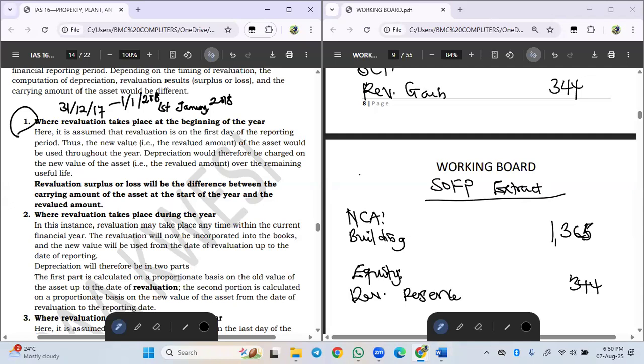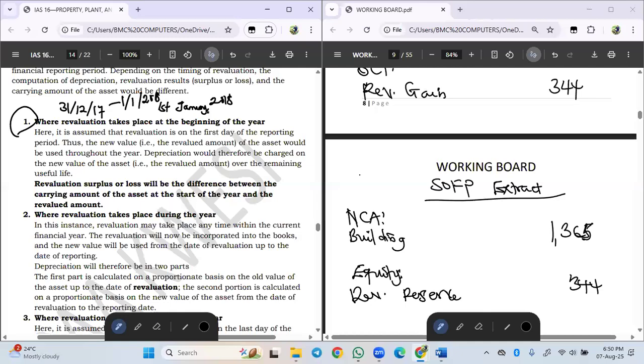Okay. So where the revaluation takes place at the beginning of the year, you are saying that it is assumed that the revaluation is on the first day of the reporting period. So the revalued amount, that's the new value, will be used throughout the year. So the depreciation for that particular year will be calculated based on that revalued amount.